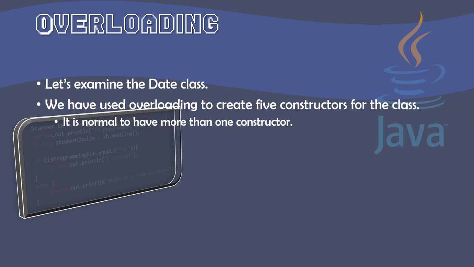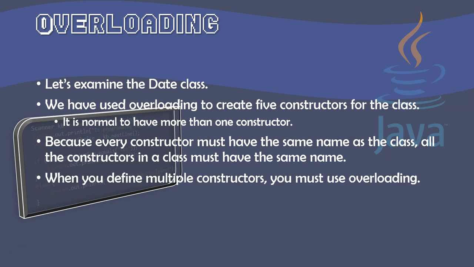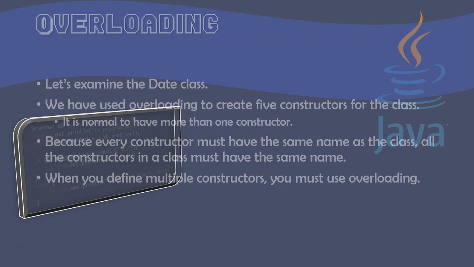It's perfectly normal to have more than one constructor for your object, because a lot of times it's going to be based around how many variables you're passing in for that class. Because every constructor must have the same name as the class, all the constructors in a class must have the same name. Now, when you define multiple constructors, you have to use overloading. And again, don't worry about what overloading is. We'll pick that apart more in our next lesson. But for now, just know that this is what it is called.